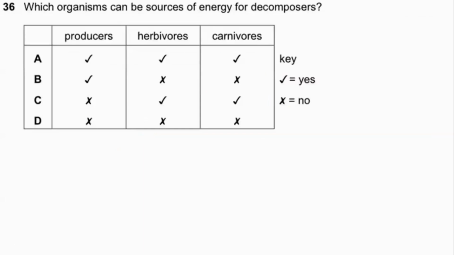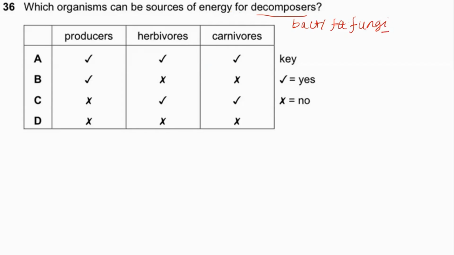Okay, next question is, which of the organisms can be sources of energy for decomposers? So you must know decomposers are basically bacteria or fungi. And what do they do? What do bacteria and fungi do? They convert plant and animal dead bodies into organic matter.